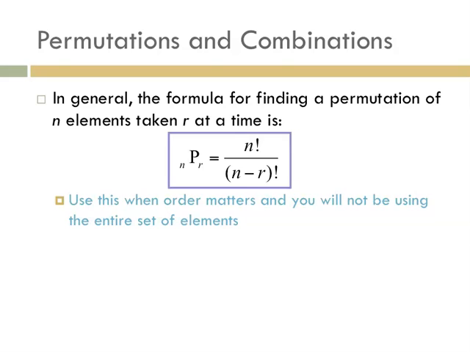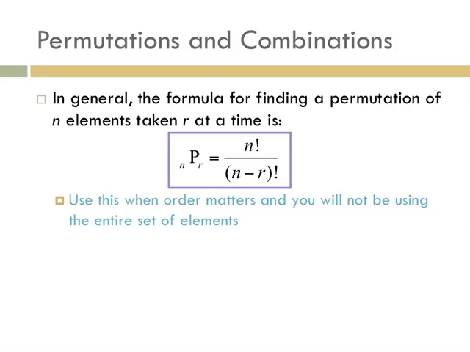Normally the way that we read this is n permute r, nPr. On the top we have n factorial, and on the bottom we have (n minus r) factorial. So you use this when order matters, and you will not be using the entire set of elements.